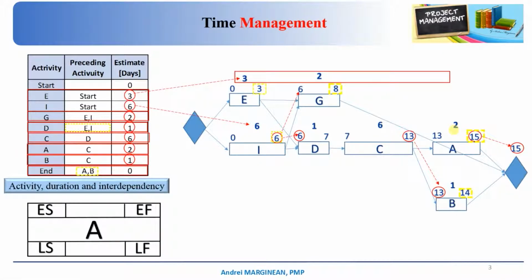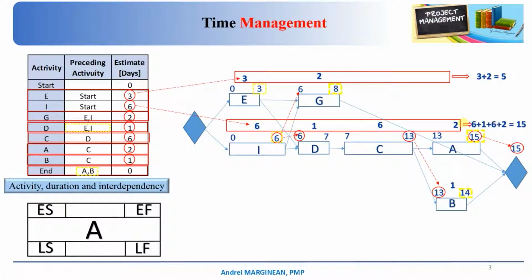So how should we identify the critical path? If you are using this method that I have showed you, then it's very simple. The longest box structures will be the critical path. If not, then you should calculate. So we have 3 plus 2, that equals 5. We have on the other path 6 plus 1 plus 6 plus 2, again equaling 15.